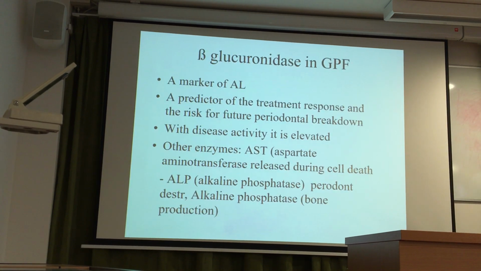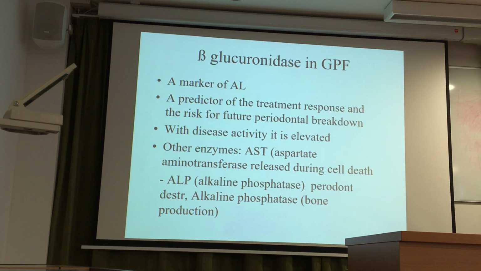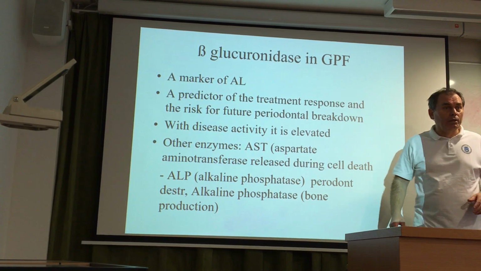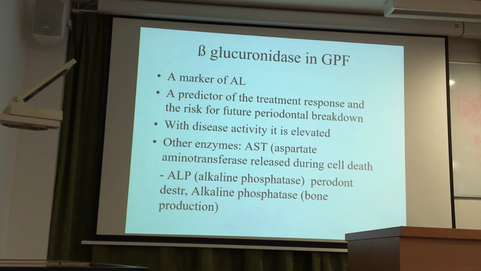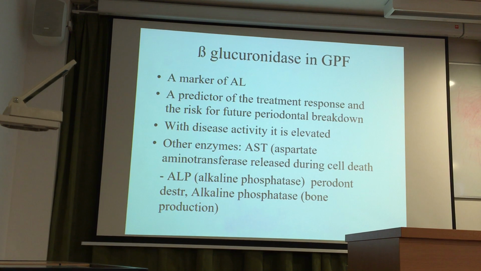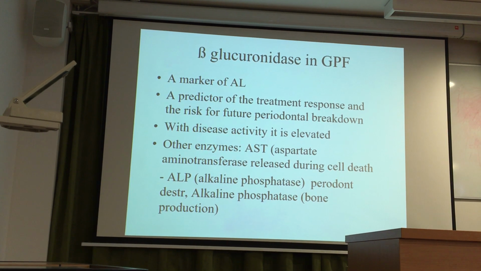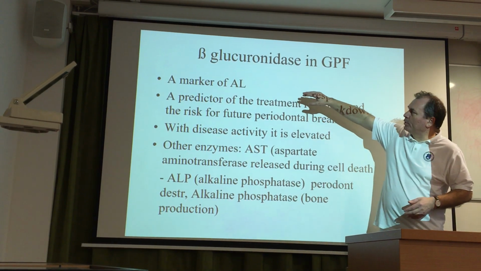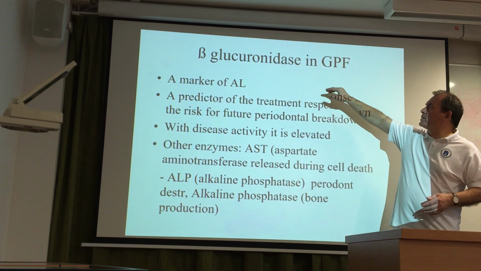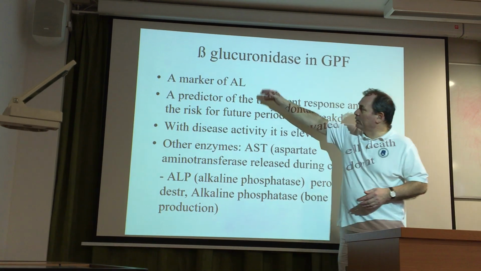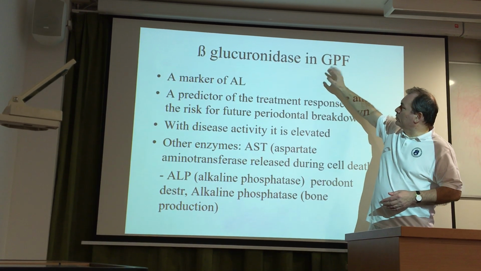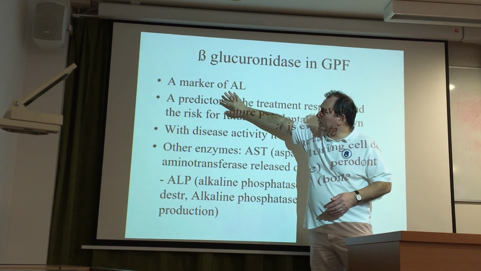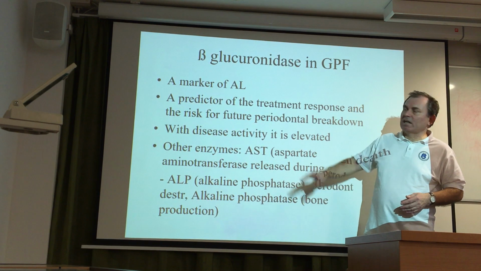Okay, and there are some enzymes, for example in bone changes or connective tissue destruction. For example, beta-glucuronidase in the gingival crevicular fluid, GCF, is a good marker to estimate the attachment loss.